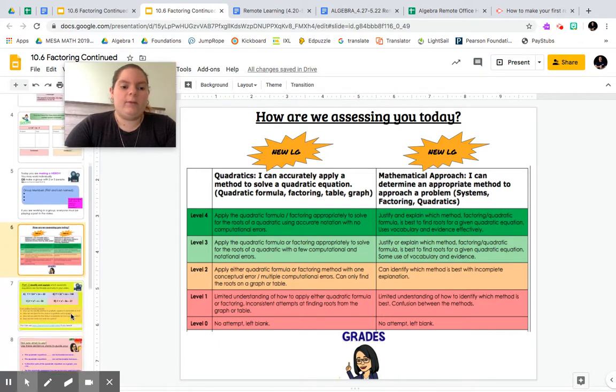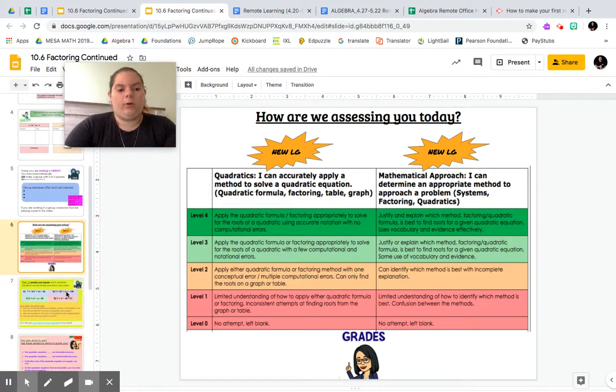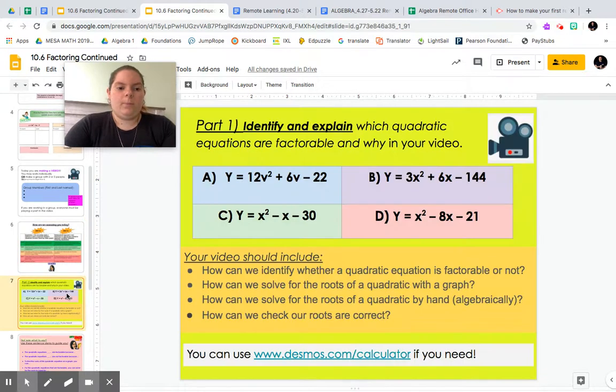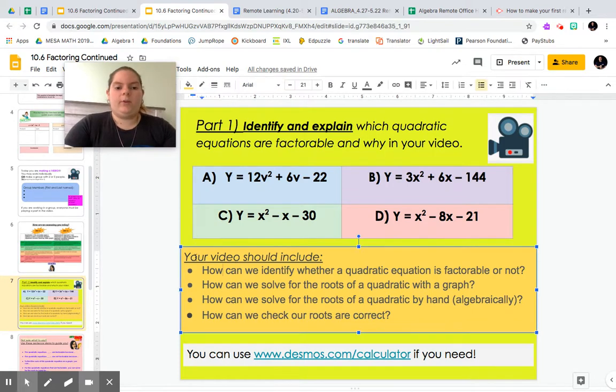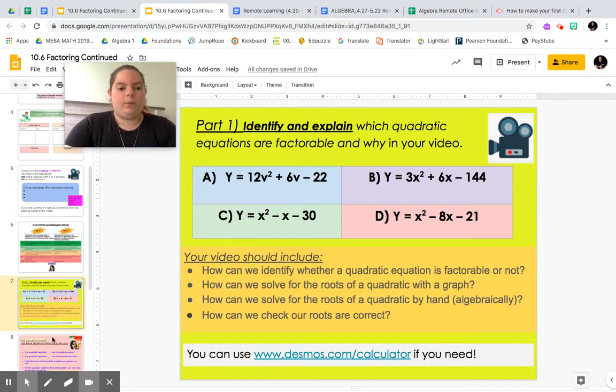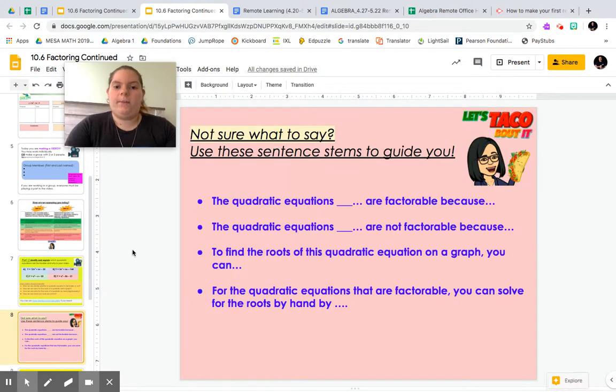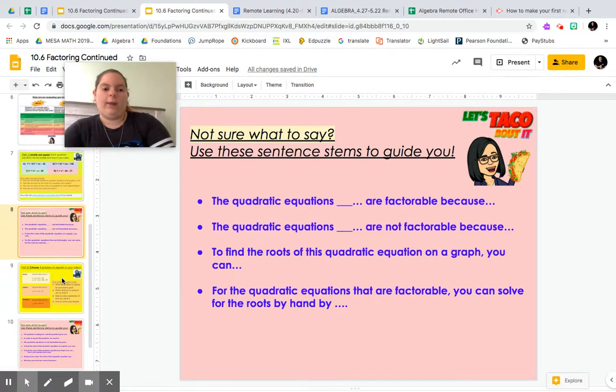Make sure you read this in detail before you record your video. Part 1, you're going to identify and explain which equations are factorable. Here are some key things to remember in your video. If you're not sure where to start, the pink slides are little helpers to help you along your way.